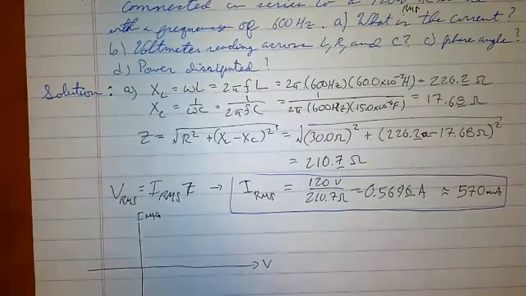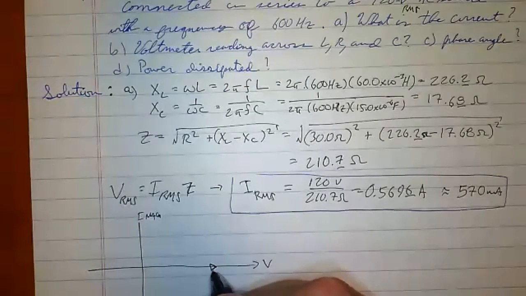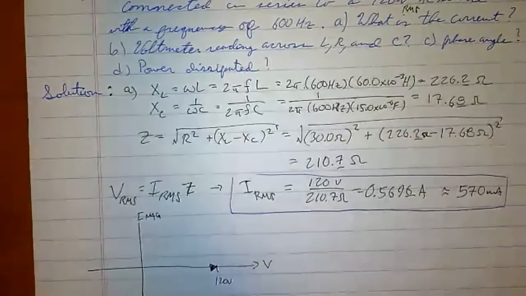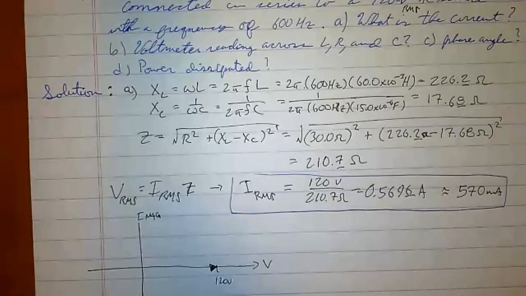The root mean square voltage is what we're using here. So you're imagining basically the voltage here to be 120, and that happens to be the same axis that the current or the voltage across the resistor is on.